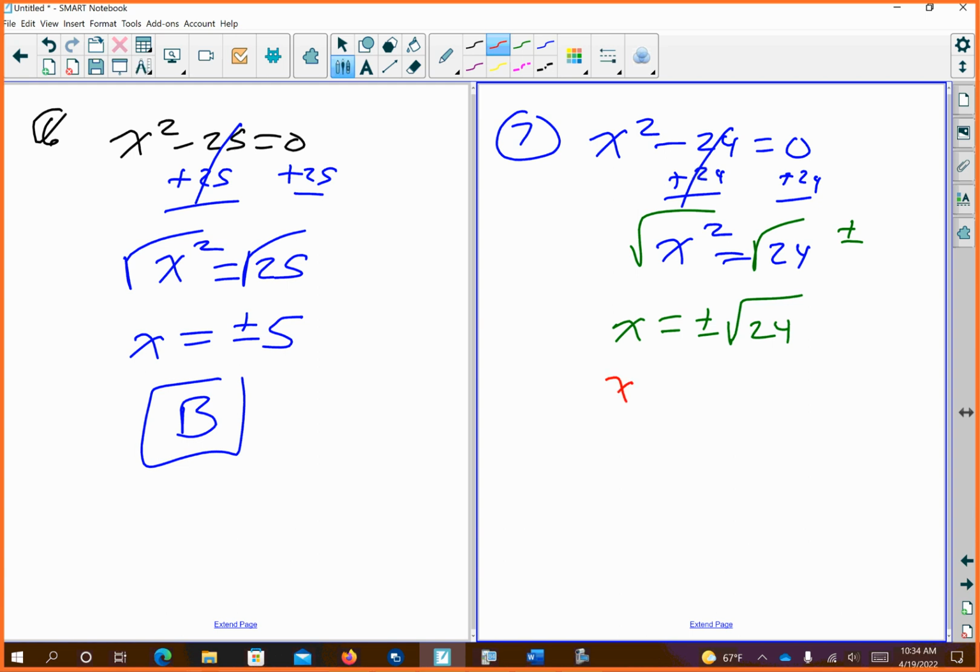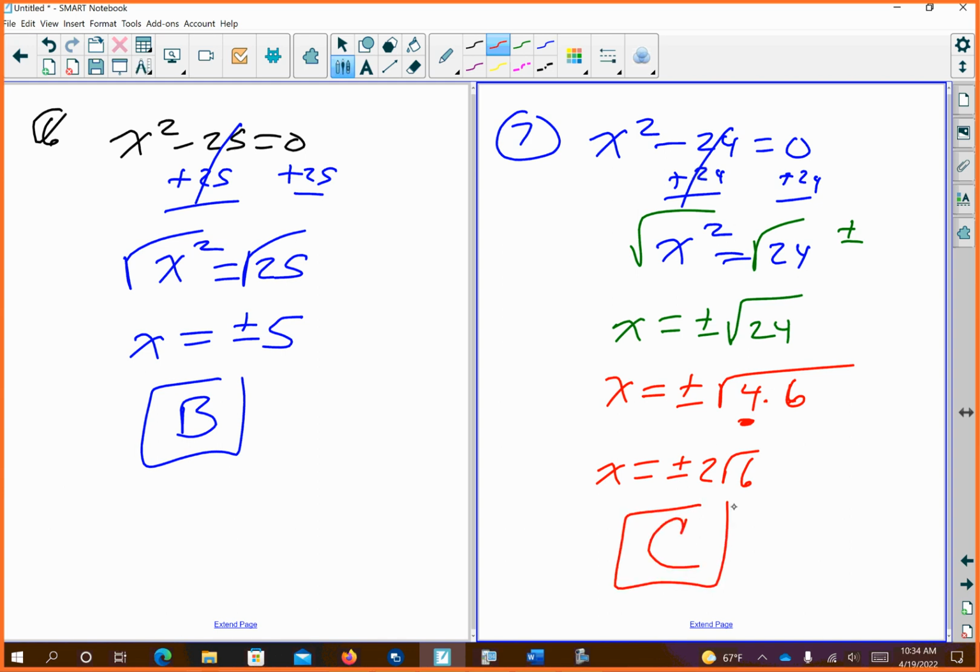Okay, I can break 24 down to what two numbers? 6 and 4. Again, we're not using 2 and 12 or 3 and 8 because 4 is my biggest perfect square. So I get x equals plus or minus square root of 4 is 2, so I get 2 root 6. Okay. Let's see. That looks like answer C. x equals plus or minus 2 root 6.